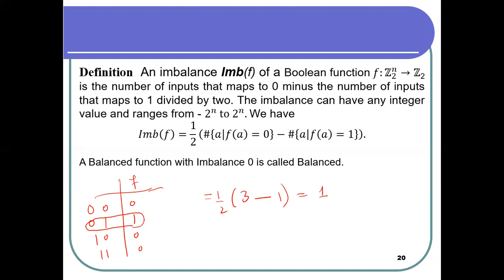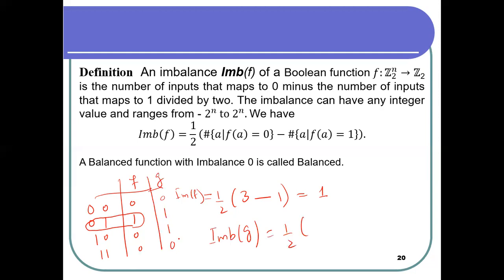Now take another single valued Boolean function that takes two inputs and maps to one output, like 0 1 1 0. In that case the imbalance of f is 1, but the imbalance of g is 1 over 2.